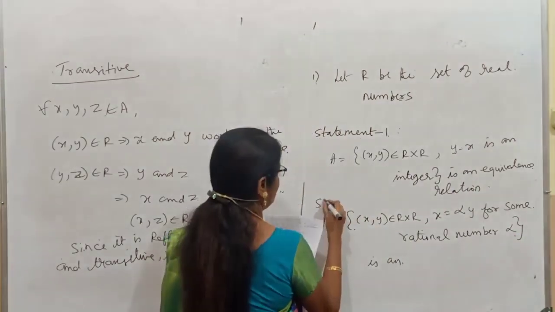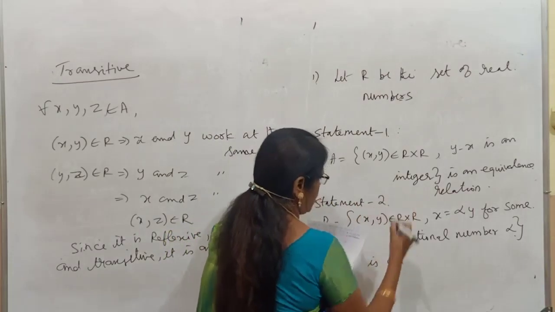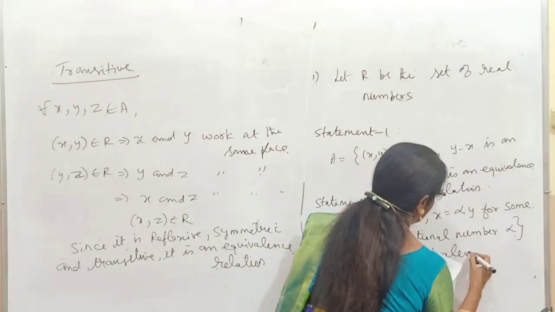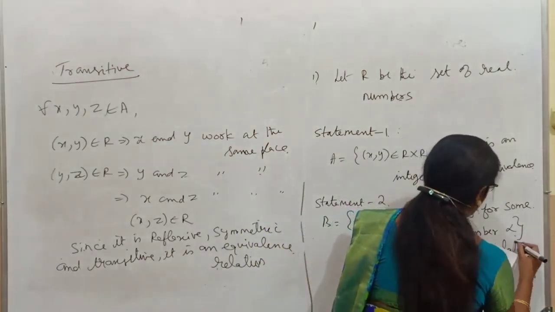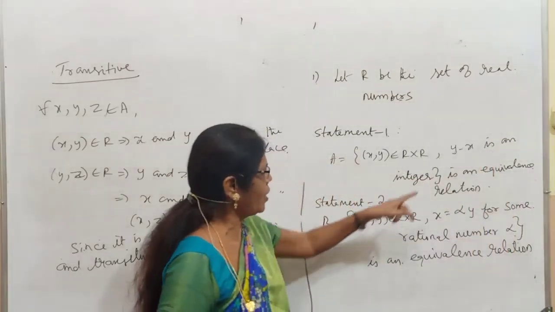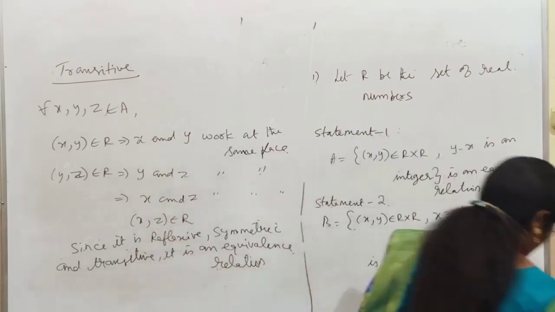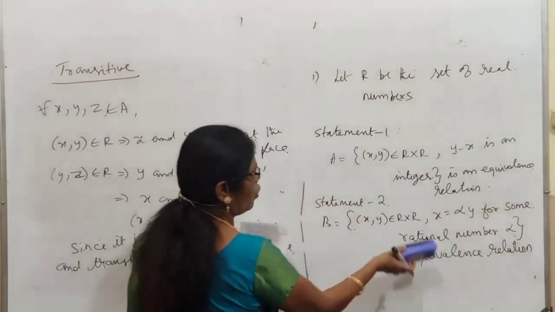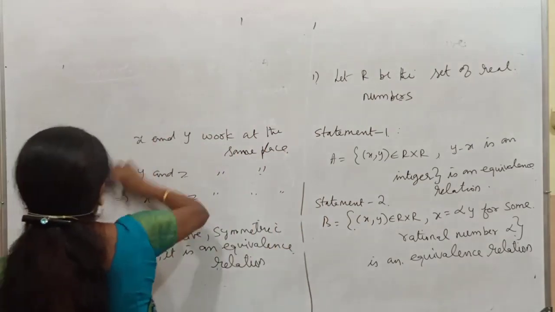So this is statement 2. Now you see that question. Already you know that y minus x is an integer is an equivalence relation. We saw that for x minus y. The same thing is true for y minus x also. Now you have to check it out. So tomorrow I will be telling you, just try this.